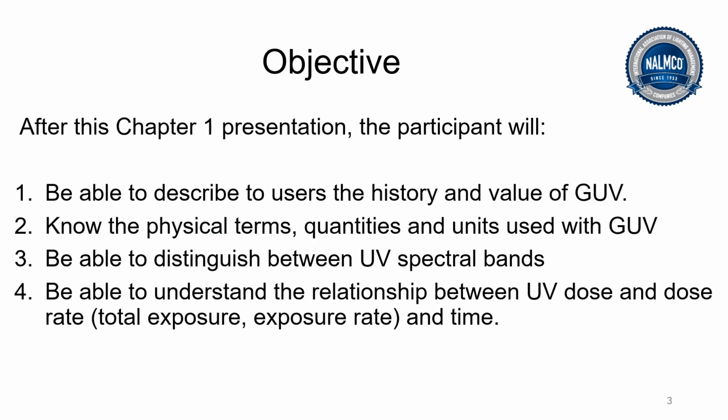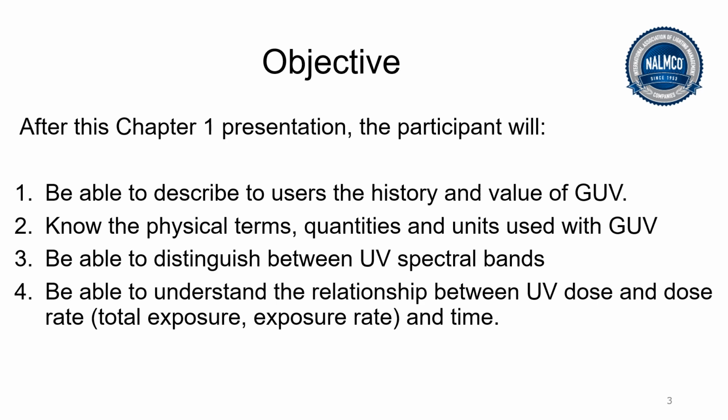Now, the objective for this section is we want you to be able to describe to users the history and value of germicidal UV. We want you to know the physical terms, the quantities and units used when describing a dose from germicidal UV.